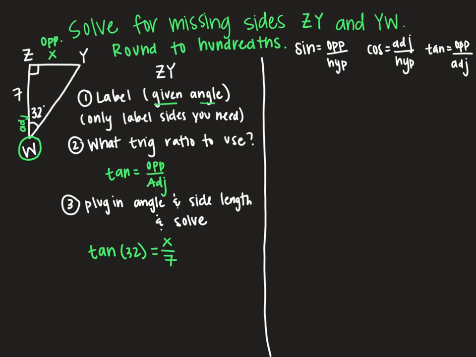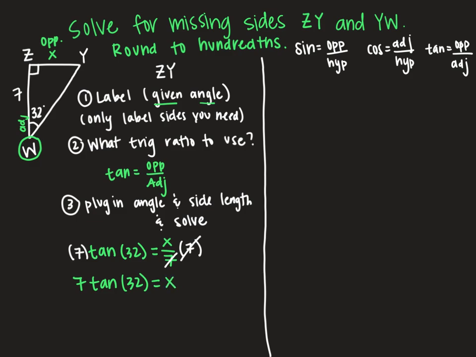Now, like you would a normal equation, I'm going to solve this for x. In order to get x by itself, I need to get rid of the 7. To get rid of the 7, I'm going to multiply both sides by 7. The 7s on the right side will cancel each other out, leaving me with just 7 times tangent of 32 equals x.